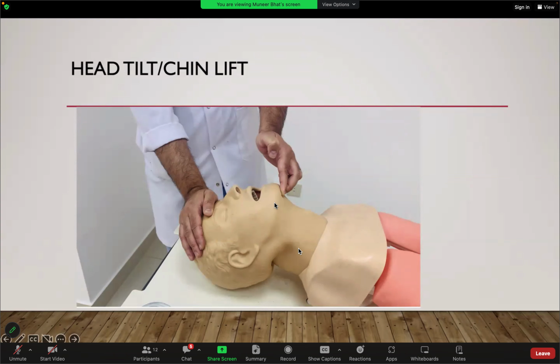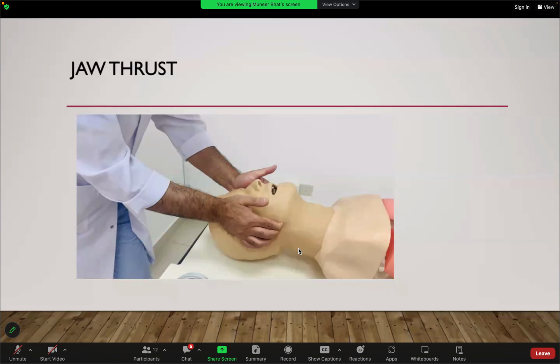So we have to be very careful in a case where we suspect cervical spine injury. Now, if the patient with cervical spine injury is coming to you, now the patient is having airway obstruction as a result of tongue falling to the posterior pharyngeal wall, what could you do? What are the options for you to open the airway?